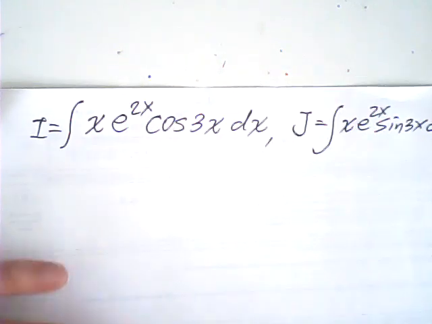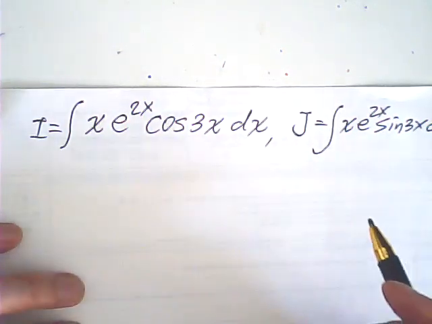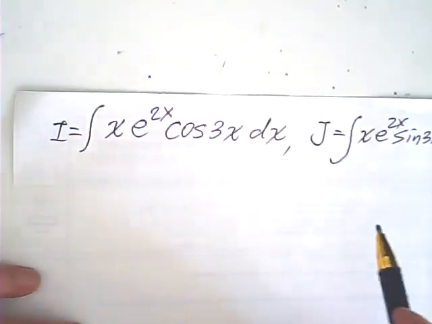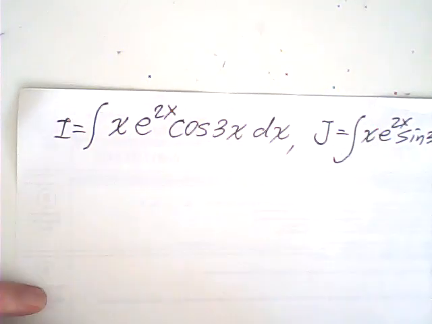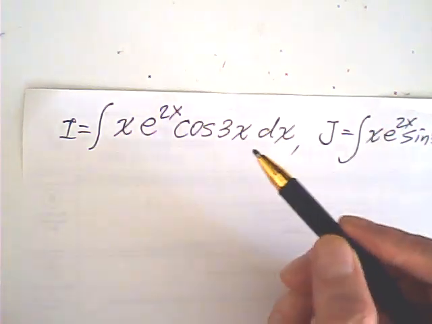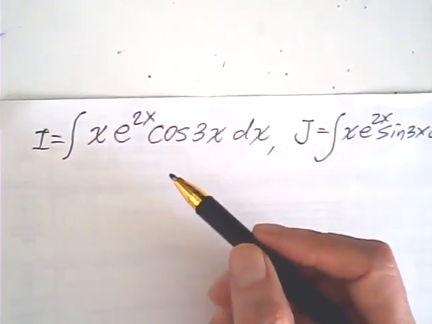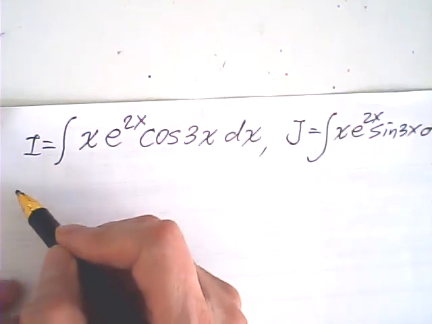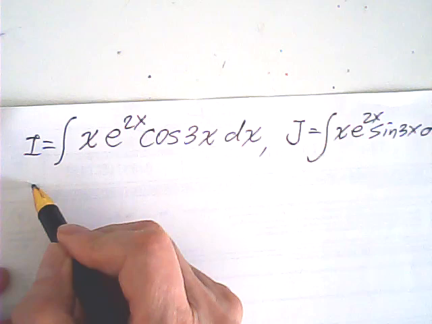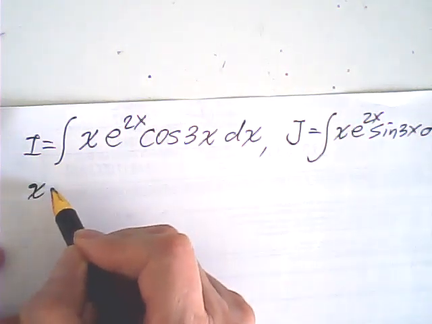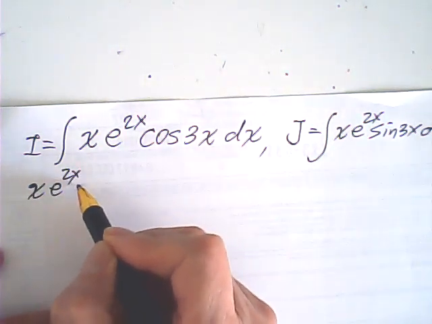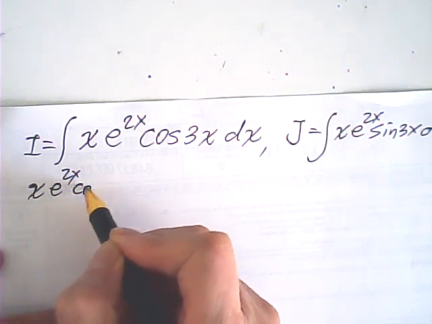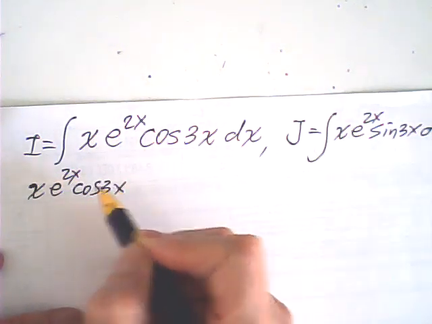The method is the same as I just did, but we are dealing with different integrals. Now, I'm considering the derivative of this, x e to the 2x cosine 3x.